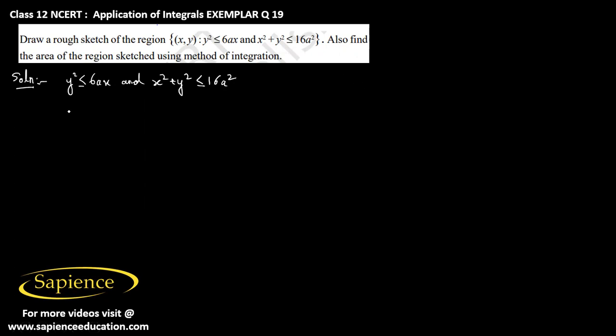So first we should draw the approximate graphs of y square equal to 6ax, and of x square plus y square equal to 16a square.